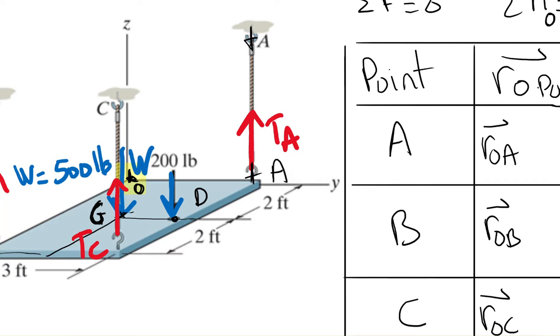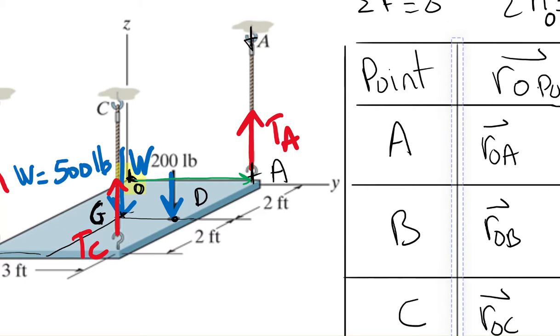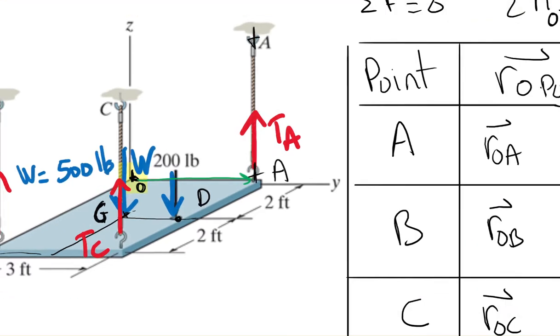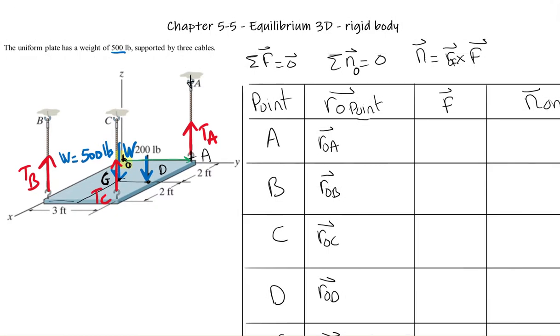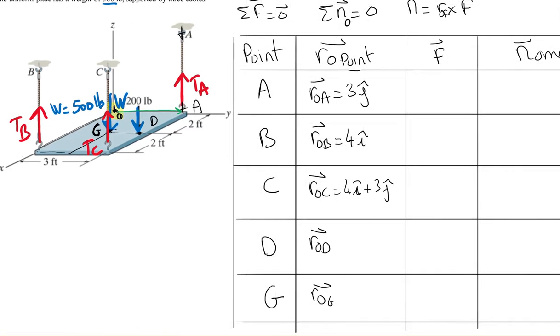ROA is this one, so it's 3 feet. ROA is equal to 3 feet on J hat, so 3J hat. ROB, this one, is 4 on I hat. For C, basically it's A plus B, so it's 4 I hat plus 3 J hat. For D, let's not make a mistake, it's 2 on I hat plus 3 on J hat.